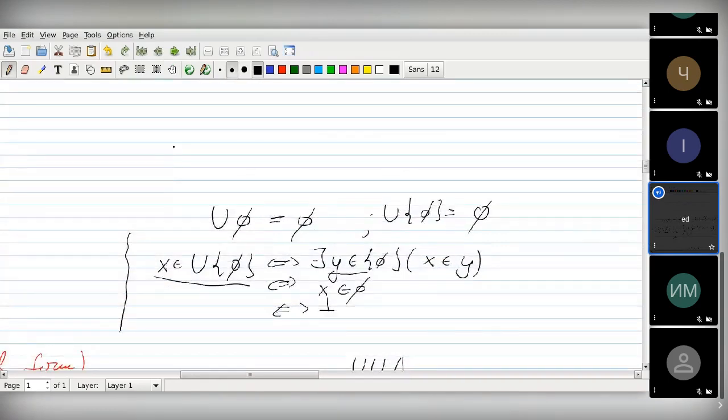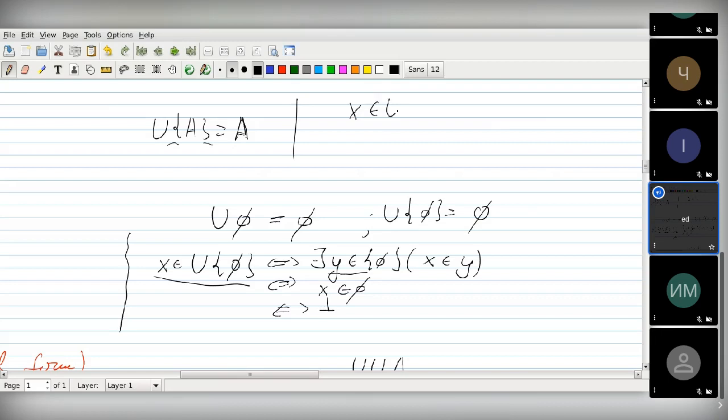But in general, the union of a singleton {A} equals A. So effectively, the union just cancels a pair of these curly brackets. By the way, why is it so?